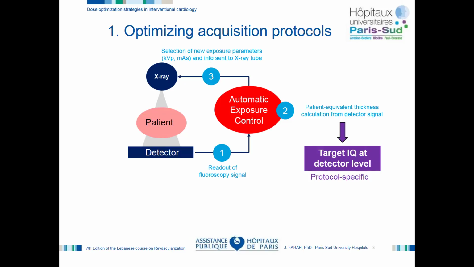And afterwards, you can be sure that all subsequent acquisitions in fluoro mode and in acquisition mode will meet this target image quality. Now you have to pay attention that if you change the beam angulations and you use the previous parameters, so you don't do a fluoroscopy again, you will have a different image quality and a different dose. If you want to optimize it, you should start again with a small fluoroscopy.